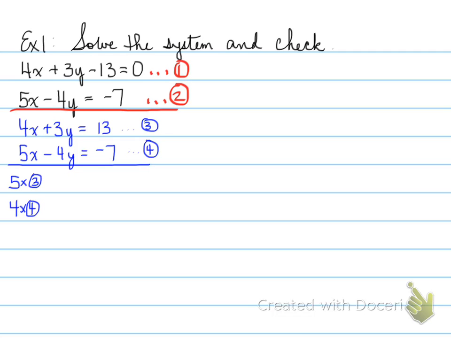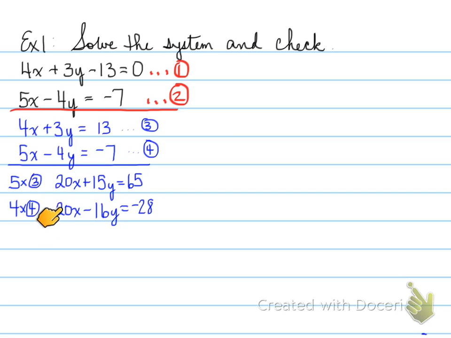Because we multiply each of these by 5, we get 20x plus 15y is equal to 65. Next, we're looking at 20x minus 16y is equal to negative 28.